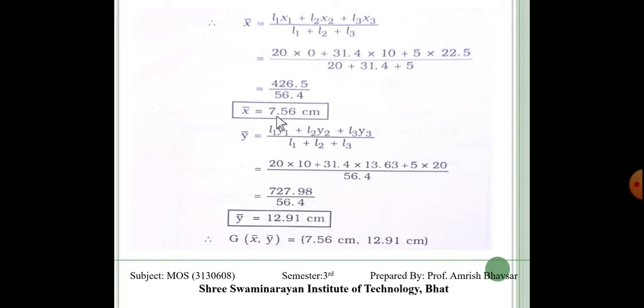So we will get x bar is equal to 7.56 centimeter. Now y bar, L1 y1 plus L2 y2 plus L3 y3. So y bar is equal to 727.98 upon 56.4. So y bar is equal to 10.91. So we will get G (x bar, y bar) is equal to 7.56 centimeter and 12.91 centimeter.